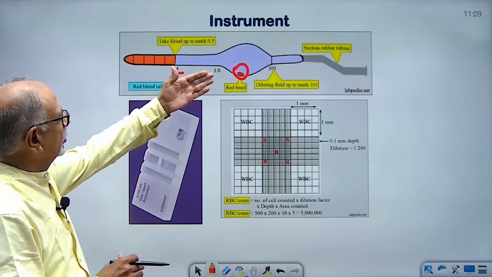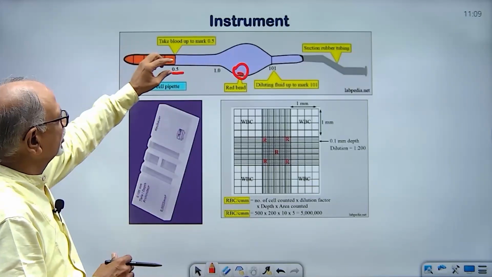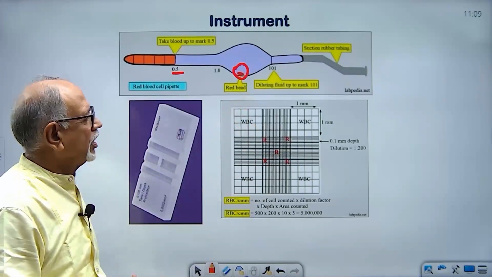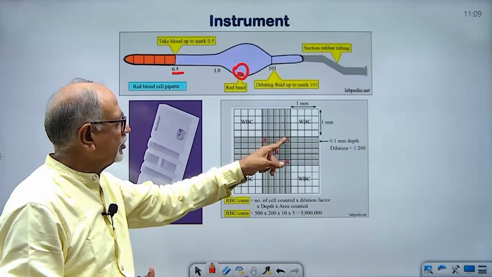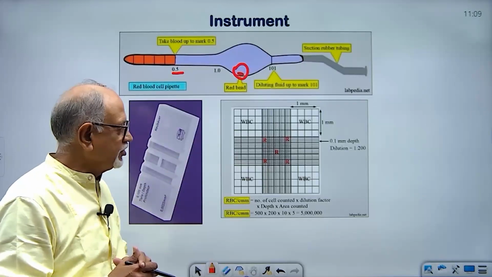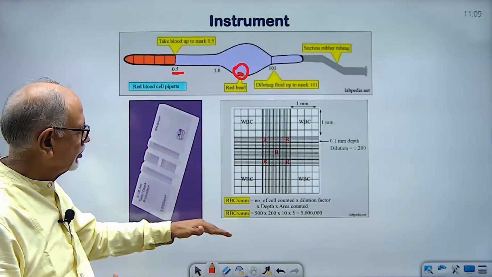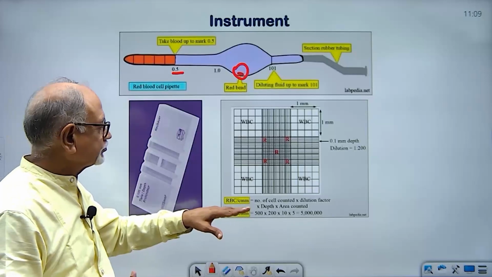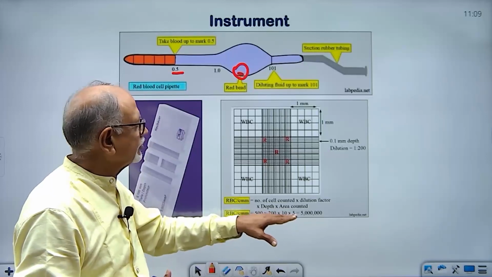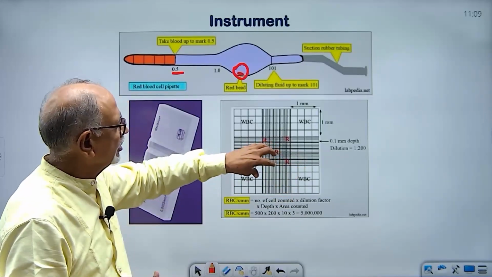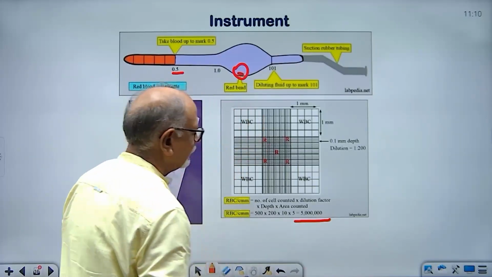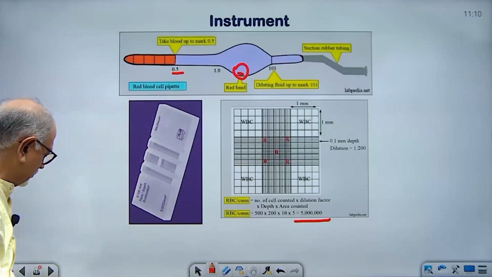The first few drops are discarded, then this blood with diluting fluid is poured into this counting chamber, and then the number of RBCs is counted on the four corners and in the center one, and then the total number of RBCs counted is multiplied by 200 into 10 into 5, that is dilution factor, depth of the cell, and so on. So it comes to about 5 million per cubic millimeter.